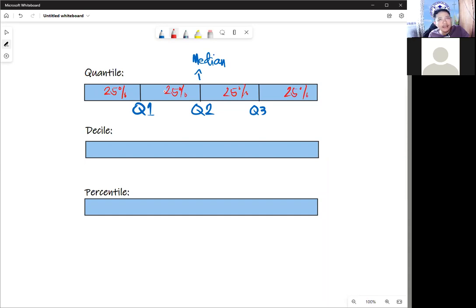For example, in the metric system, we have decimeter, decameter, and how many divisions are there when we use the keyword deca, decile? Very good. Divided into 10 parts with 9 divisions.